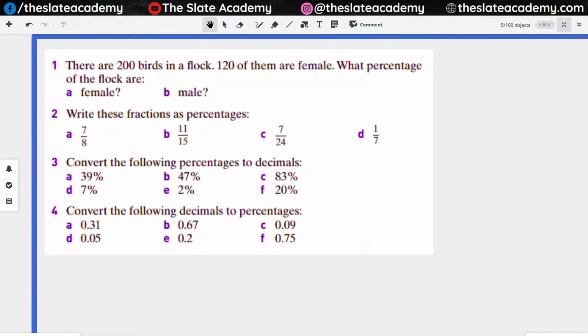So a few common percentages, or a few common fractions, that you could come across. First of all, if something's expressed as 1 out of 10, how much would that be as a percentage?